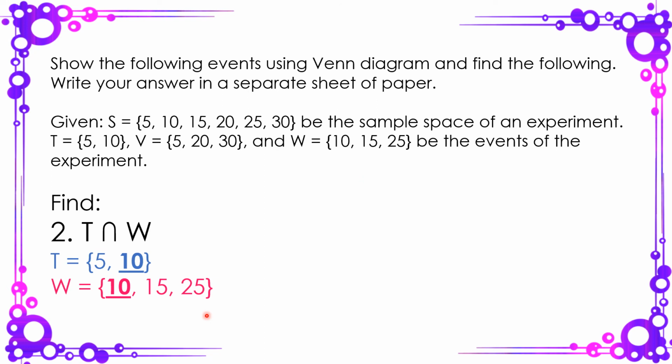So this time, I want you to answer T intersection W using a Venn diagram. So you may pause this video, and if you are done answering, you may continue to see if your answer is correct.